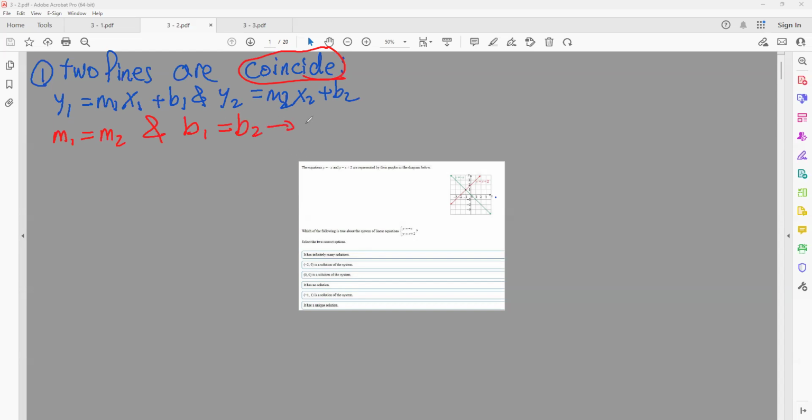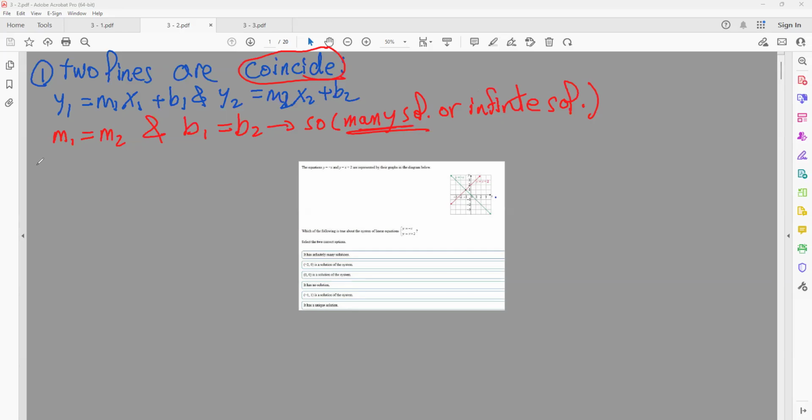So the result is many solutions, or infinite solutions. This is case number one.